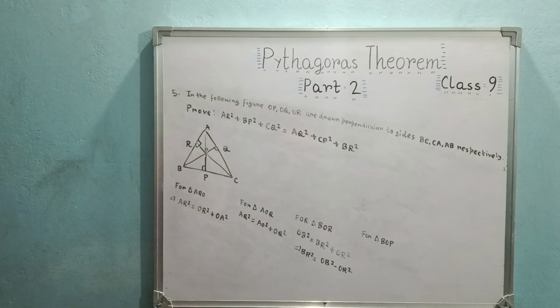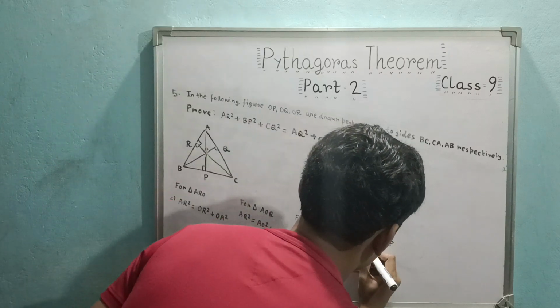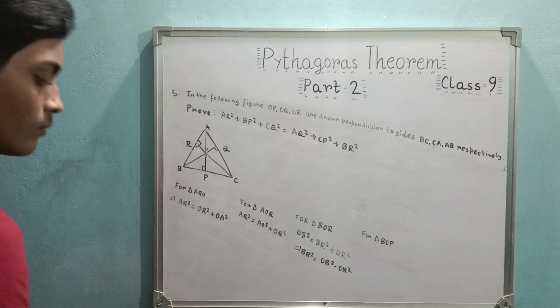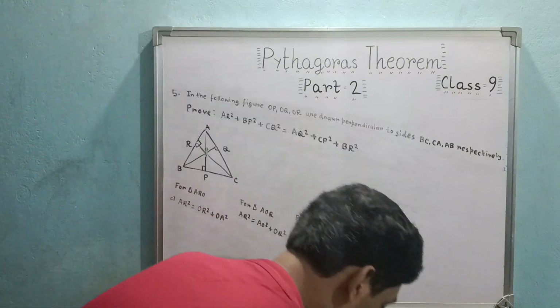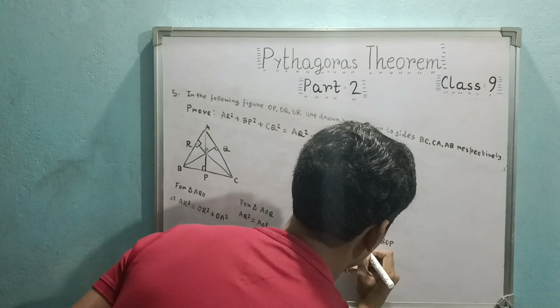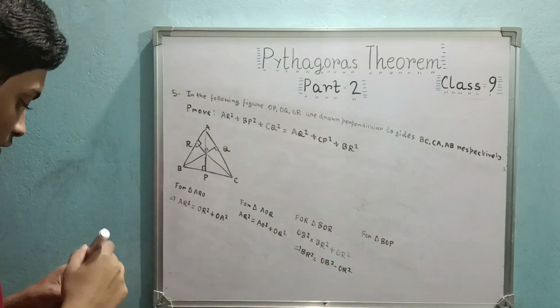OB square equals BP square plus PO square, right? The pens are not working, my problem.